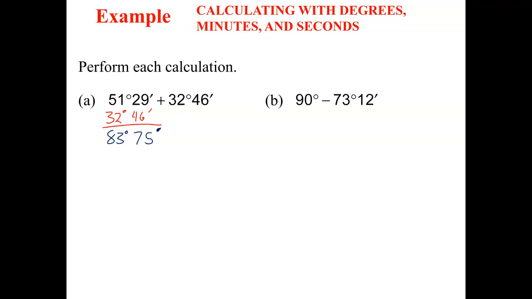So that 60 turns into an extra degree, making it 84, because this is going to be 1 degree and how many minutes? 15 minutes. So that 1 gets added to the 83, and then I'm left with the 15 minutes. So you have to keep that in mind when you're adding degrees, minutes, seconds.